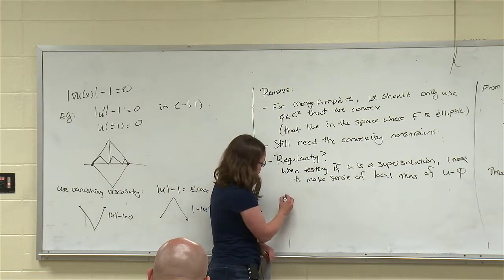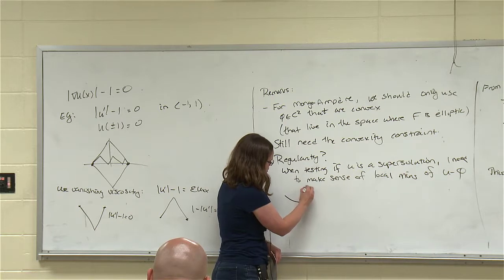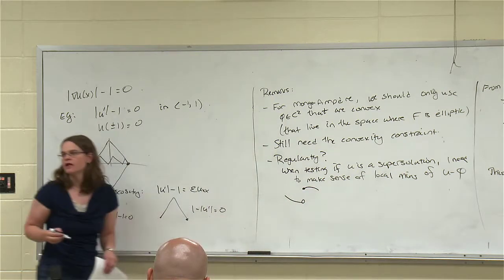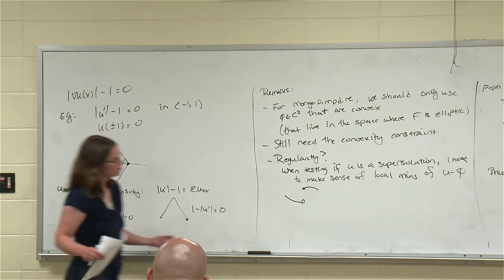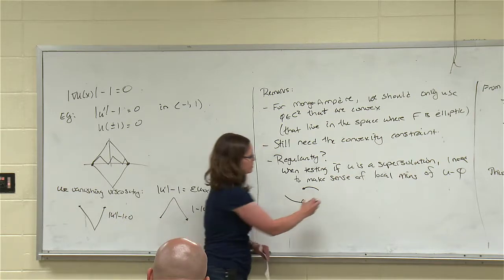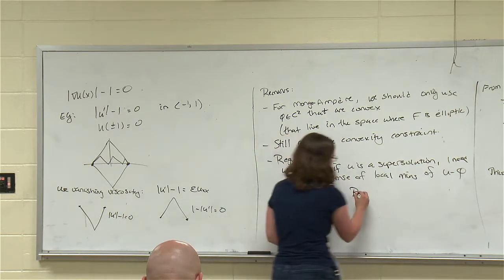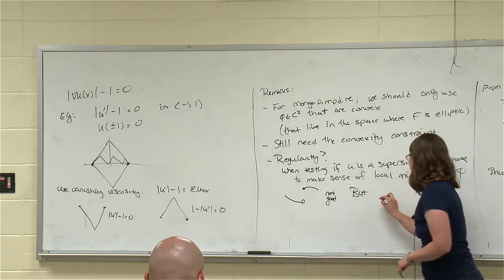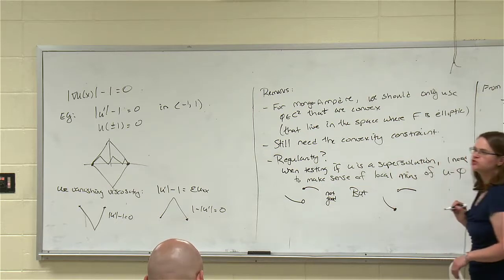But something like this, for example, is not so good, right? If I have a jump like this, I don't have a local minimum. So this is not so good. But if I move things around a little bit, in this picture I do have a local minimum.